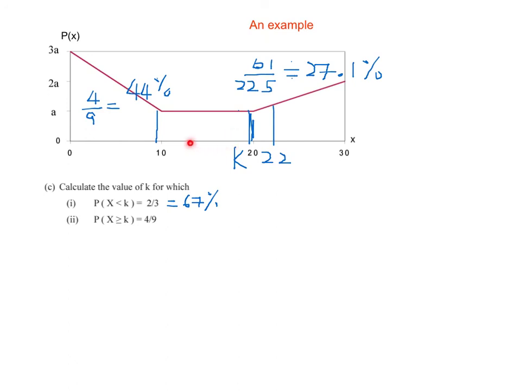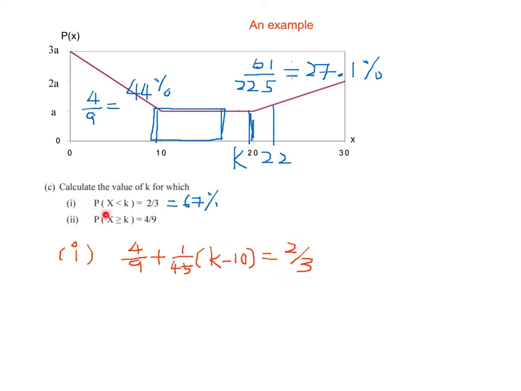And the length of the base will be k minus 10. Does it make sense? Because the rectangle could be this size. So the 2 over 3 is right here, and this probability of x less than k is now translated into the idea of area, something like this. 4 over 9 is the area of the trapezium from 0 to 10, and 1 over 45 is the height of this rectangle, and k minus 10 is really the length of this base.